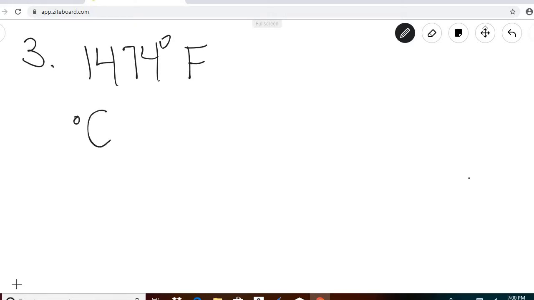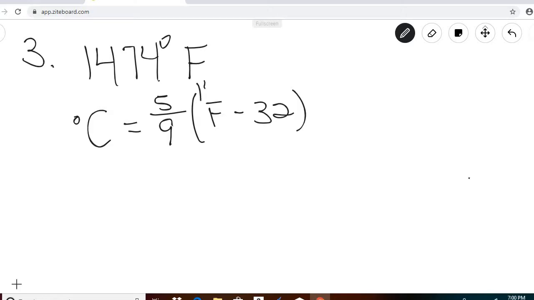So our equation for degrees Celsius is that degrees Celsius is equal to 5/9 times the Fahrenheit temperature minus 32. Okay, so if we put in the Fahrenheit temperature here, then inside the parentheses, that is 1,142.